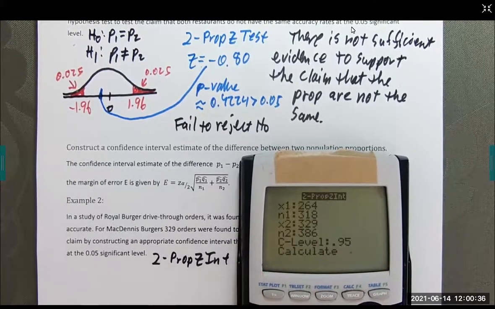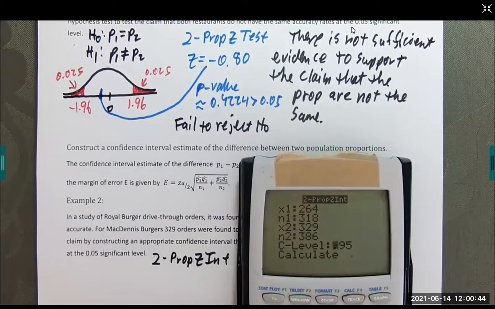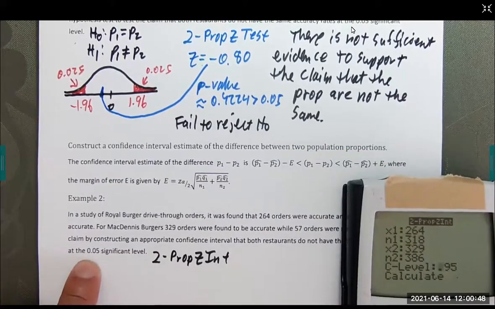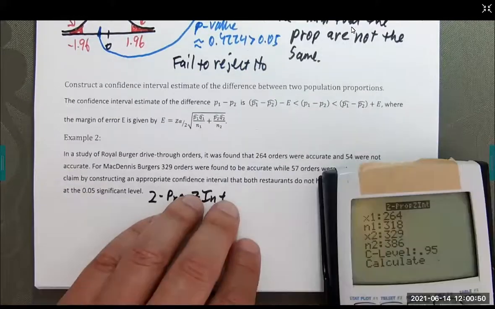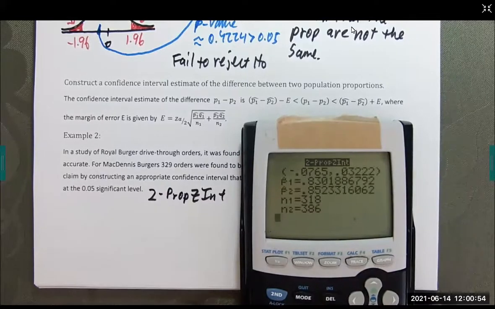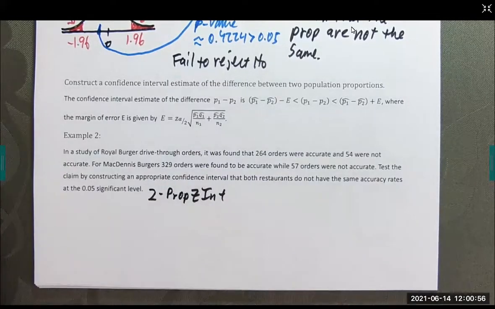And it has all those same in there. And because it's 2-tail, we don't have to double it. Our C level is 0.95 because it's 0.05 significance level. So let's see what we get. So there's our interval. Let's write that down.